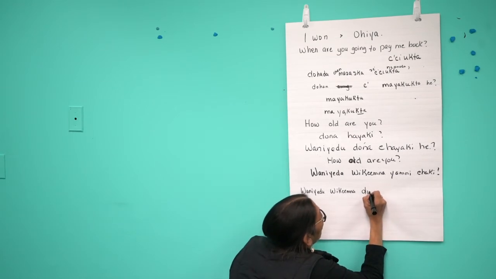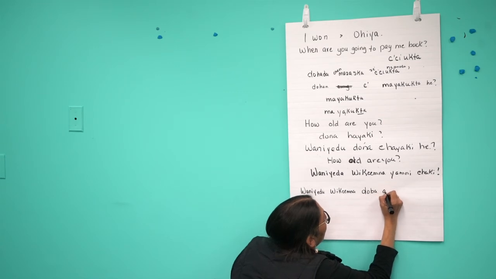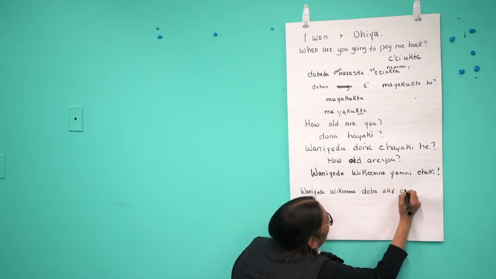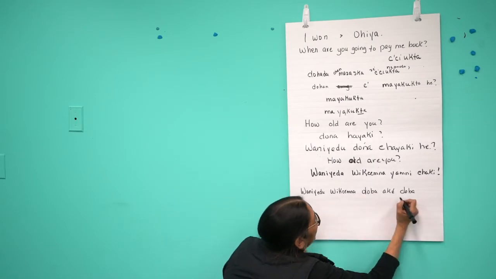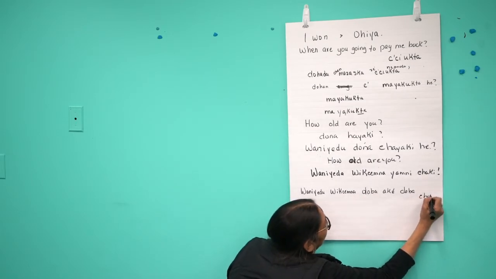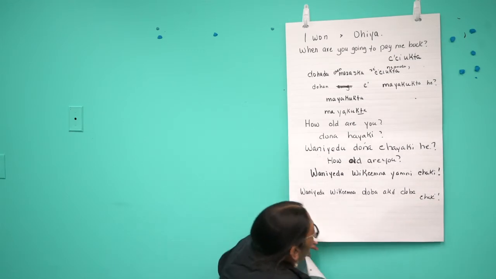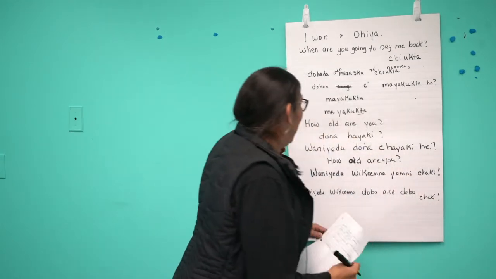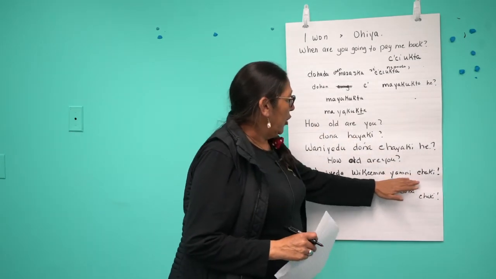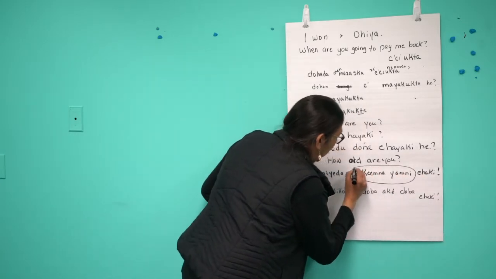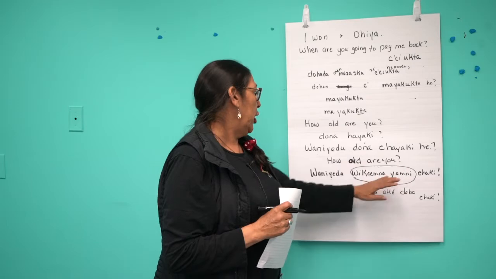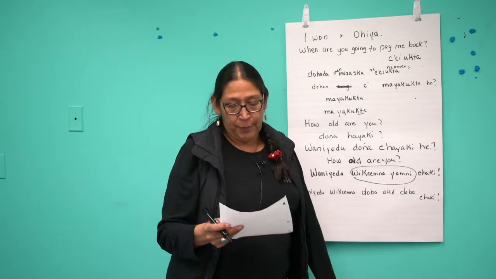Let's do 40 then. Doba, ake, doba. I am 44. Yeah, ihaki. And then that's this: Waniedo, your number, ihaki. This is always where your number would go when you're answering how old are you? I have reached this many winters.